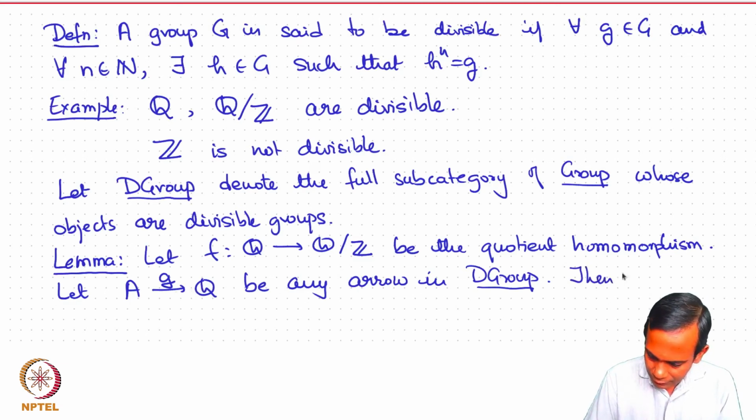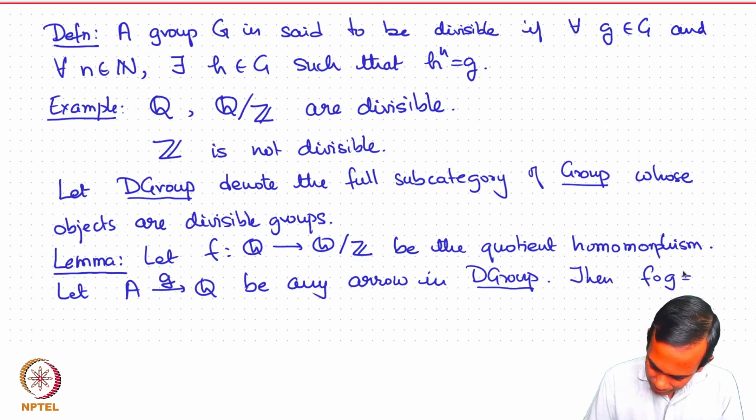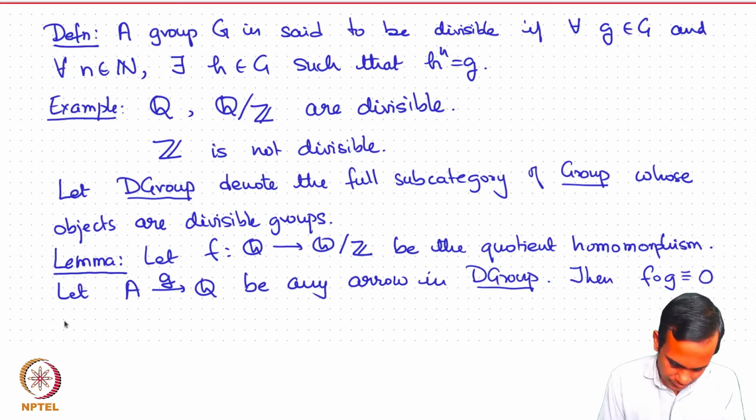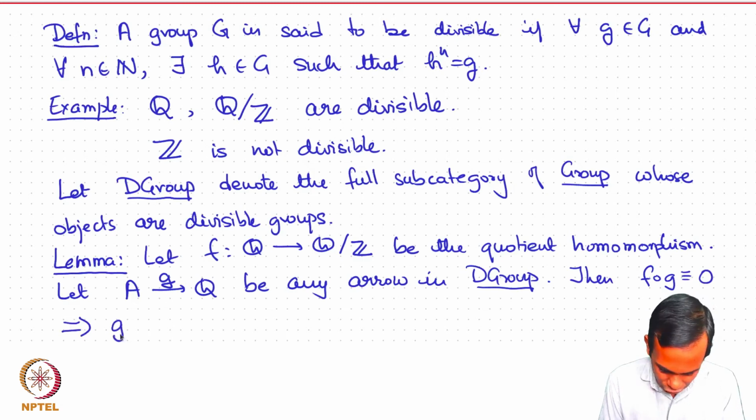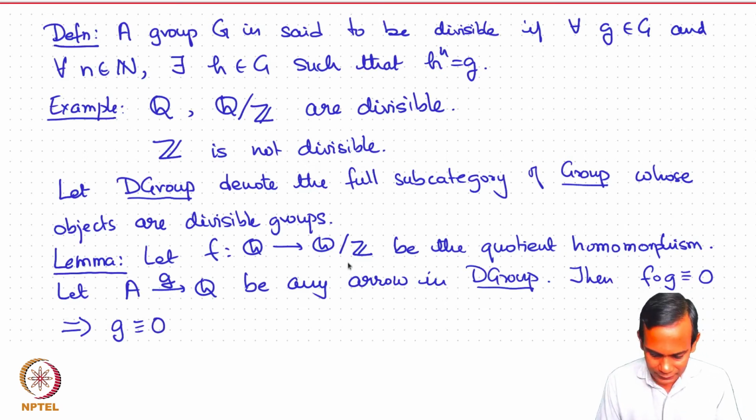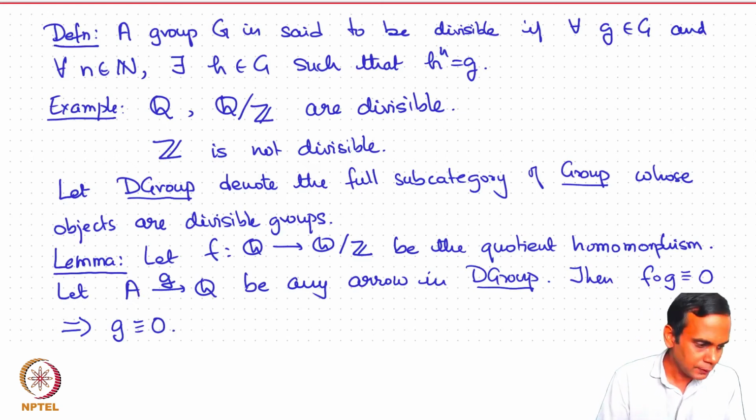Then if f circle g is identically 0, it implies that g is identically 0. So if f circle g, which goes from A to Q mod Z, is identically 0, then g itself, which goes from A to Q, is identically 0. Let's prove this.